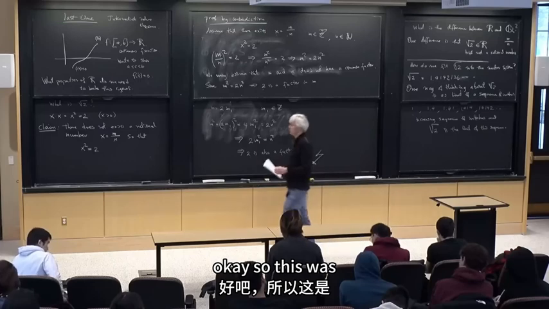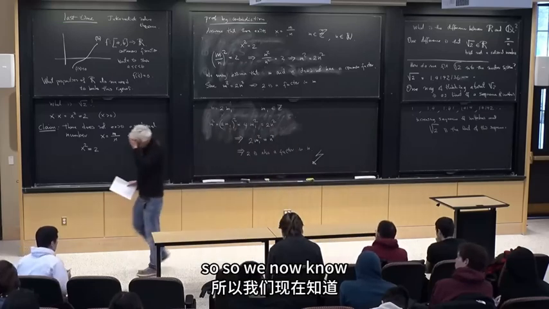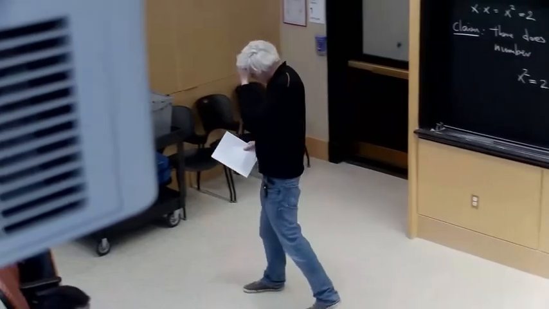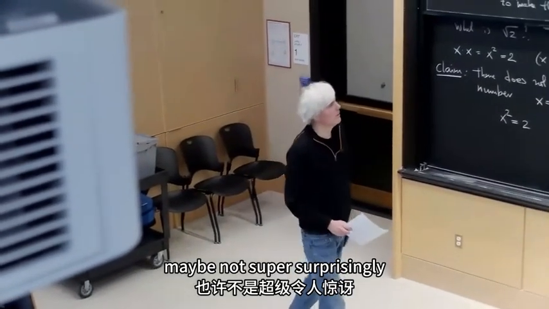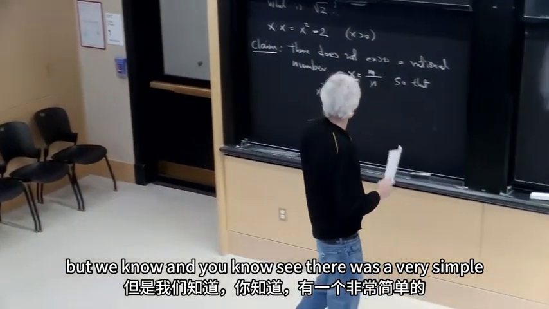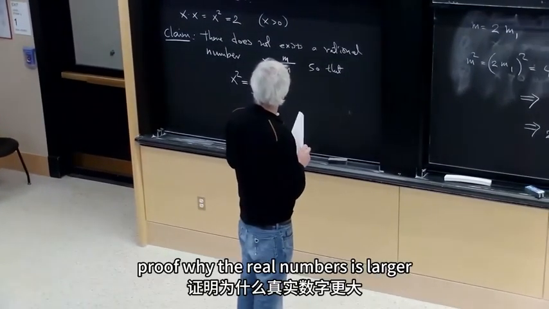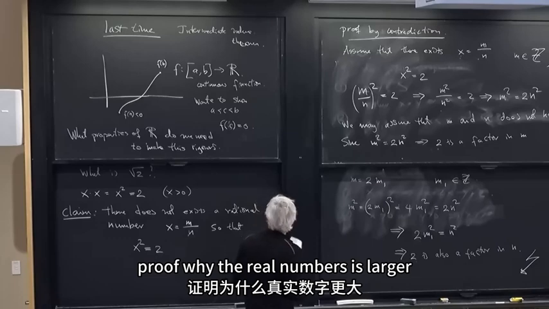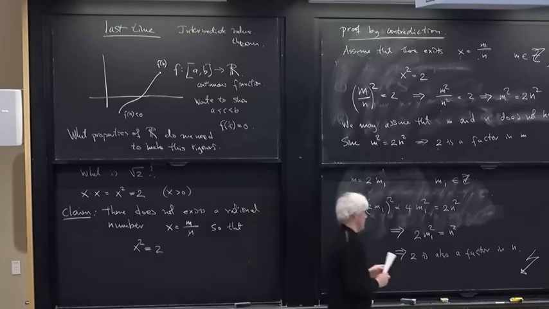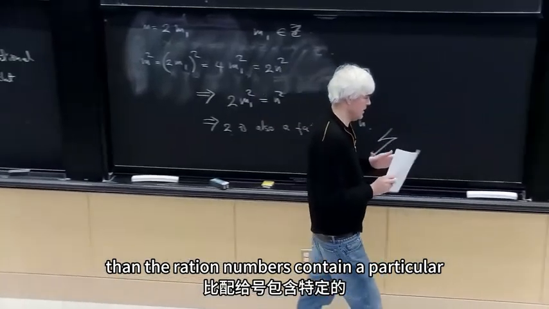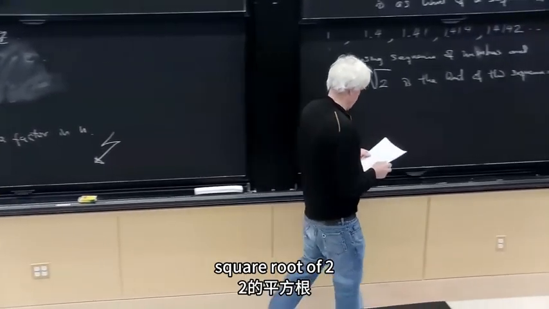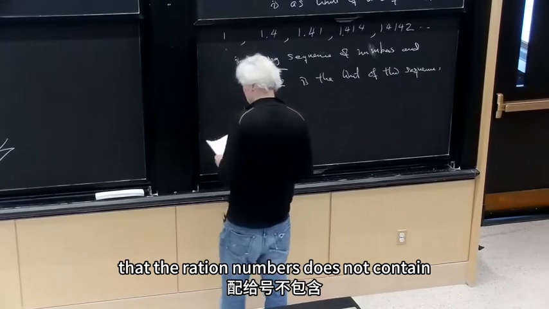Okay, so we now know, maybe not super surprisingly, and there was a very simple proof, that the real numbers are larger than the rational numbers. They contain, in particular, the square root of 2, which the rational numbers do not contain.